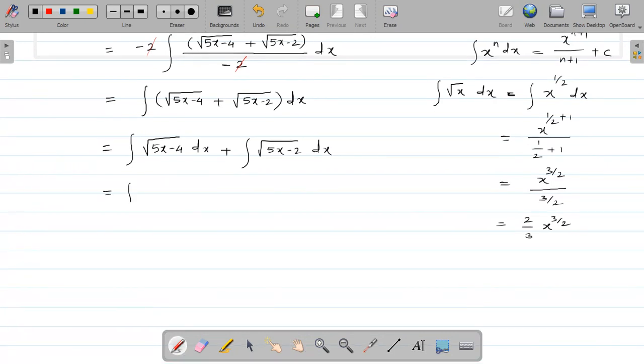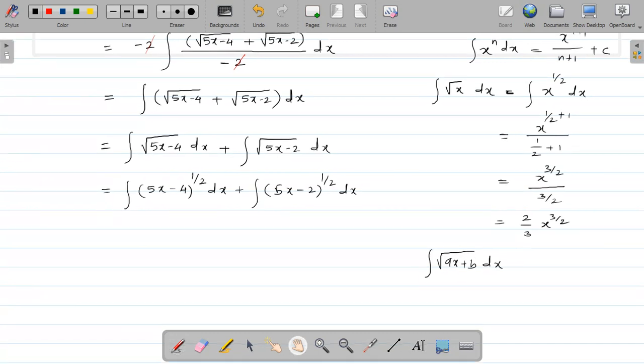First of all, I will write the integration of 5x minus 4 raised to 1 by 2 dx, plus here I will write integration of bracket 5x minus 2 raised to 1 by 2 dx. Now if it is root x, then we get 2 by 3 into x raised to 3 by 2. But suppose if it is root of ax plus b, meaning in place of x there is the term ax plus b, then how will you integrate this?